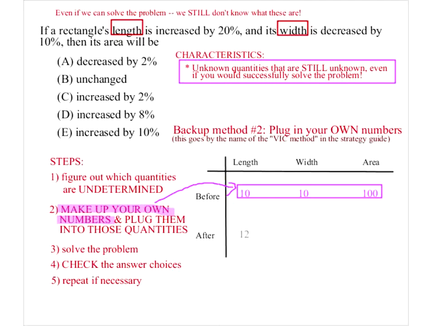If we decrease the width by 10%, we get a new width of 9. And then 12 times 9 is 108. So the area has gone from 100 to 108. This is a change of 8%. This is an 8% increase.